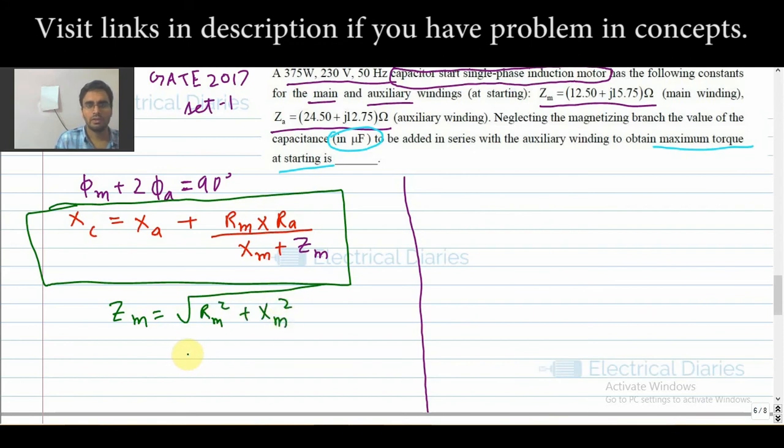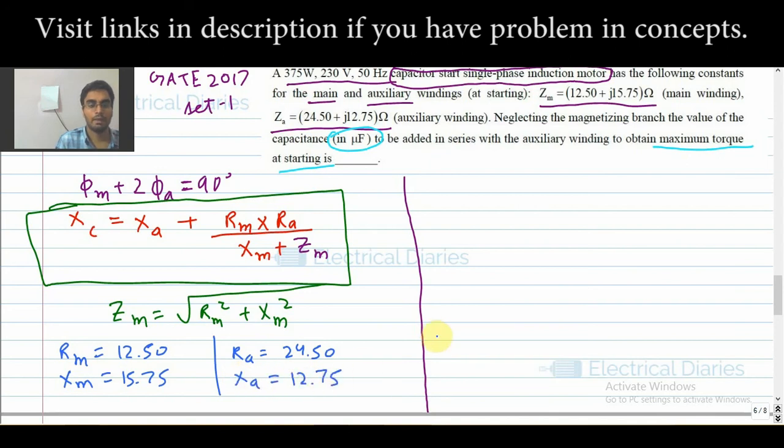Now the values are given to you. I will write the values and then you can easily apply the formula and solve. Rm is given to us as 12.50, Xm is given as 15.75, Ra is given as 24.50 and Xa is given as 12.75.